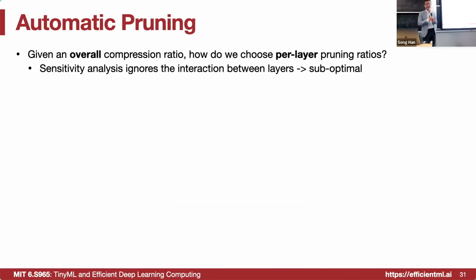Okay, so next, the complicated design space motivates us to use more automated pruning approaches. Given the overall compression ratio, how do we choose the per-layer pruning ratios, since the sensitivity analysis ignores the interaction between the layers?